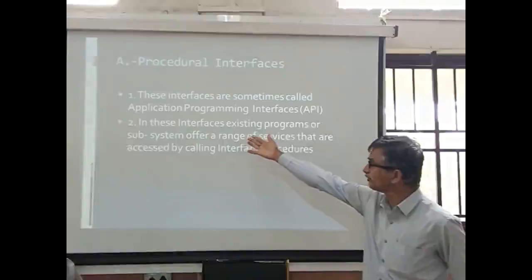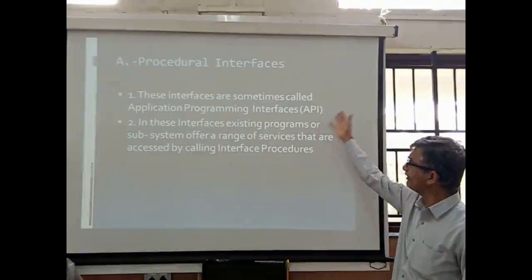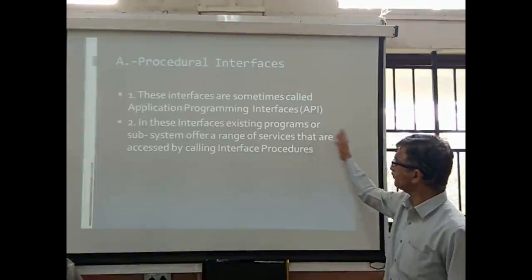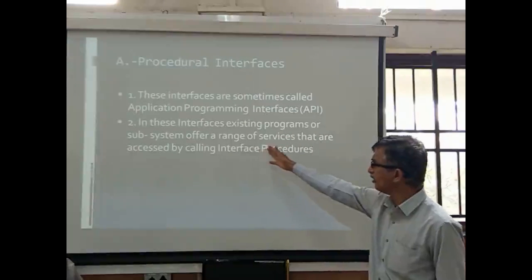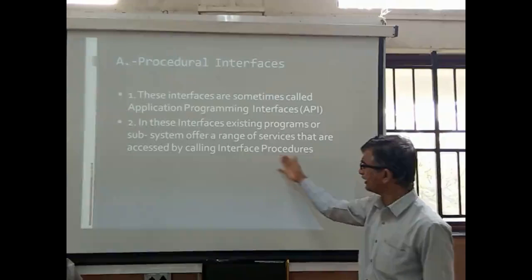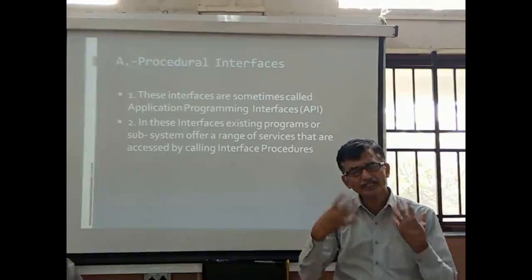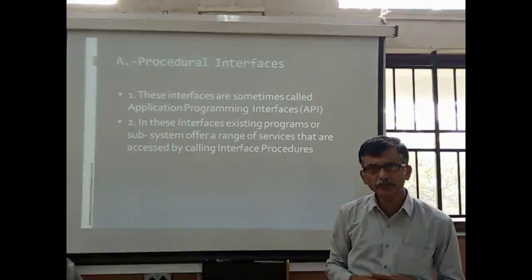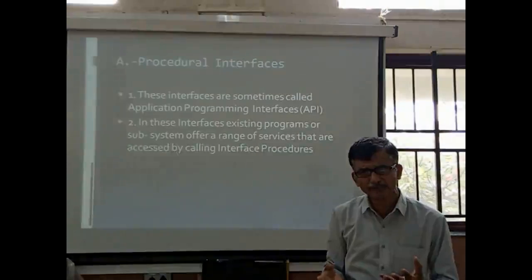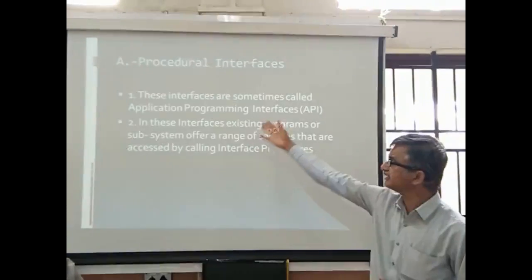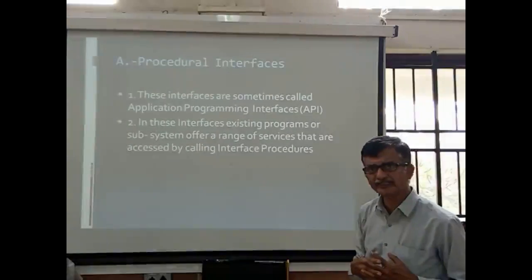That is why it is called an application program interface. In these interfaces, existing programs or subsystems offer a range of services that are accessed by calling interface procedures. When you call interface procedures, the system modules become active and data exchange takes place between the system modules and the new system. So this is about the procedural interface.